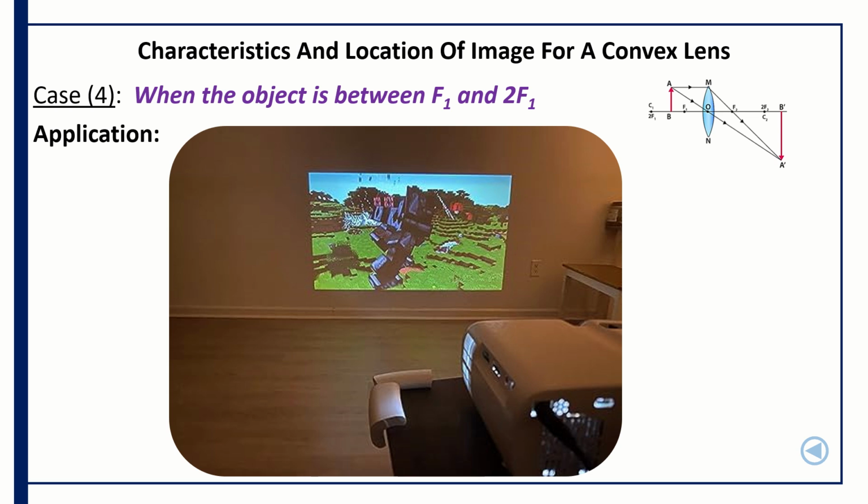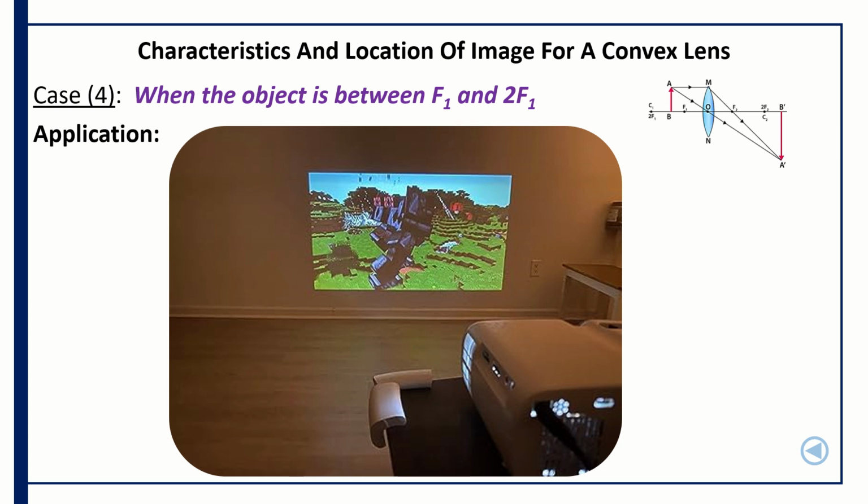We are using two lenses there and both positions are the same, so we are getting a magnified and real image, but the first lens is creating an inverted image and then we use another lens to invert it again, so whatever image we are getting on the screen will be erect to observe.